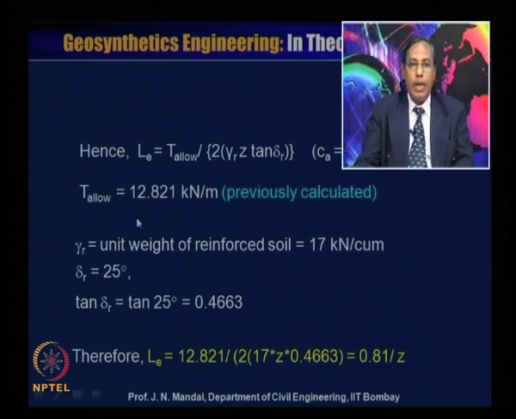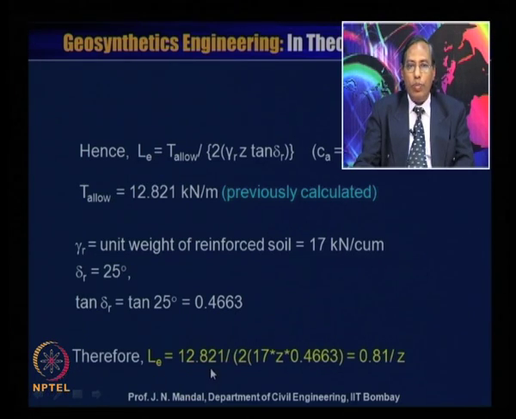And T allowable we calculated previously, that is 12.821 kilonewton per meter. So gamma R is the unit weight of the reinforced soil, that is 17 kilonewton per meter cube, delta R is 25 degrees, tan delta R is equal to tan 25 degrees, which is 0.4663.